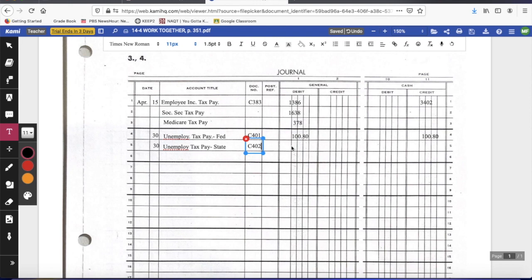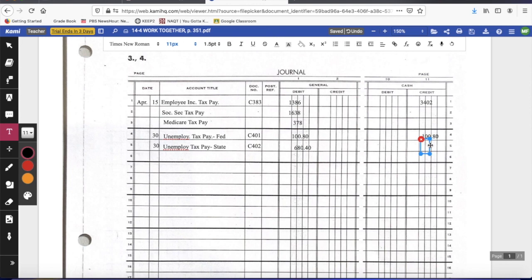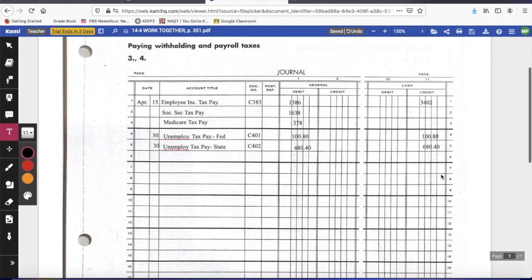We owe $680.40. And again, just like the federal, and like I said before, just because you have it on debit, you need to have it on a credit too. Okay? Obviously make sure that your numbers line up.